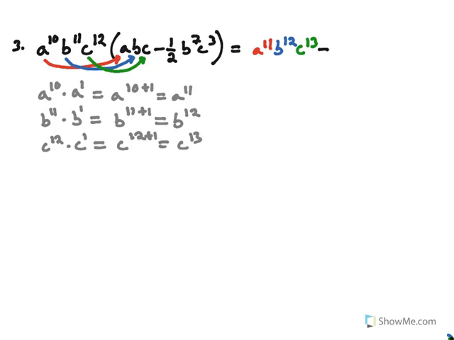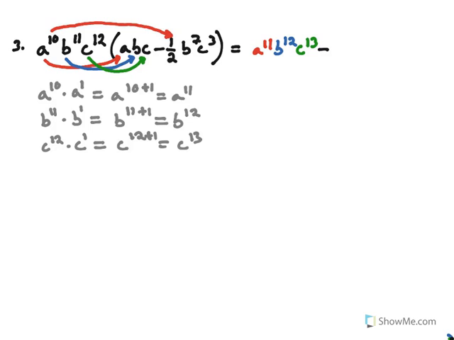Then we're going to take a to the 10th, b to the 11th, c to the 12th times negative 1/2 b to the 7th c cubed. We have to do it by the second term, so it's kind of like a double whammy. We take the a to the 10th and multiply it by this whole thing.